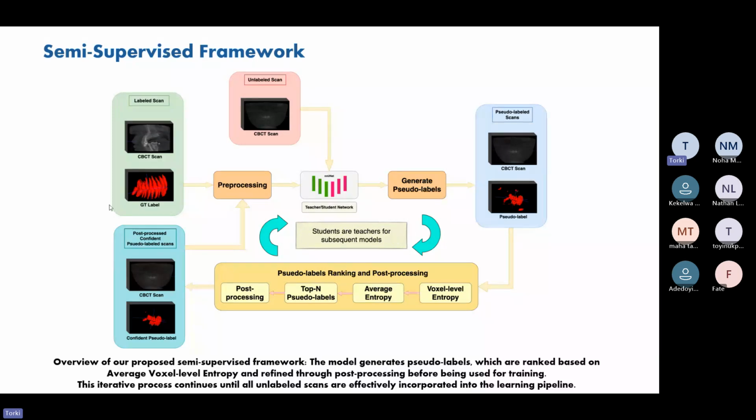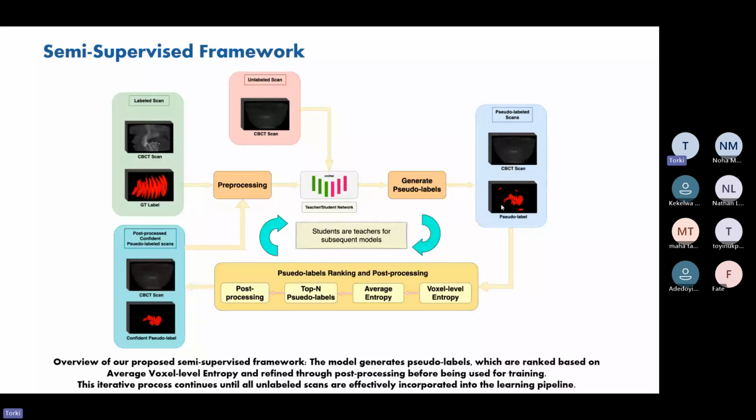So, for example, we start with the volumes with the annotated data, and then we create a model, and this model has now learned a little bit from the annotated data how to produce the output volumes. So if we have an unlabeled scan, we pass it to our model and generate pseudo labels. The pseudo labels, as you can see, are very noisy. They are getting some red tooth in unusual places.